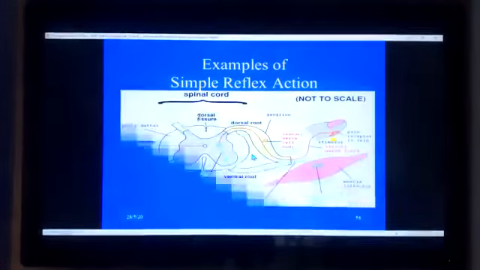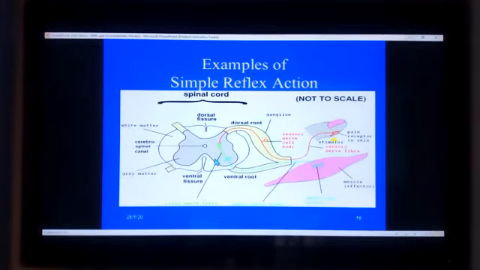So we'll be looking at examples here to explain what we mean. Now, the example that I have here is one for an individual, and we have a finger here that is close to a sharp pricking object. You can see all this.